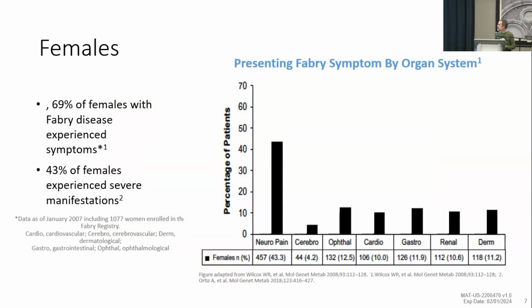So this is from females, and I'm going to use a lot of examples from females today for two reasons. One of them is that it was convenient. I've been asked to talk a lot about females lately, so I had this data pulled.